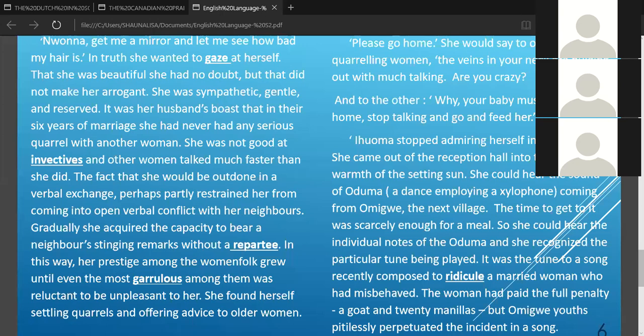The fact that she would be outdone in verbal exchange perhaps partly restrained her from coming into open verbal conflict with her neighbors. Gradually, she acquired the capacity to bear a neighbor's stinging remarks without a repartee. In this way, her prestige among the women folk grew until the most garrulous among them was reluctant to be unpleasant to her. She found herself settling quarrels and offering advice to other women.